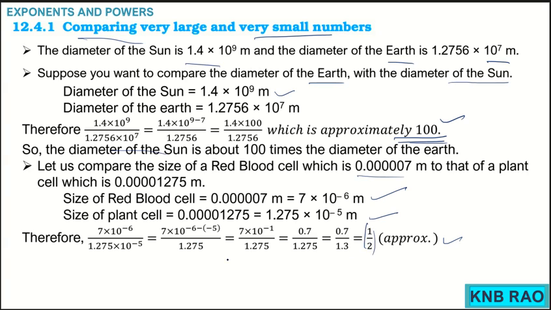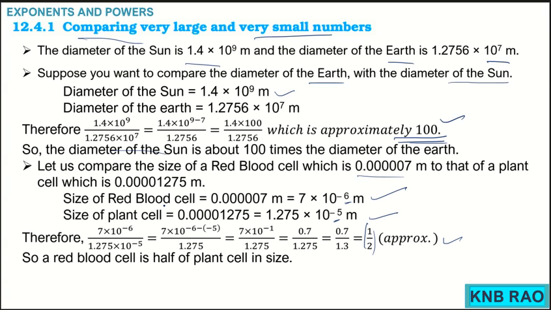So definitely the red blood cell is smaller. By seeing these negative powers, minus 6 is smaller than minus 5, so 10 to the power minus 6, which is the red blood cell, is smaller than the plant cell. So the size of the red blood cell is approximately half the plant cell size.